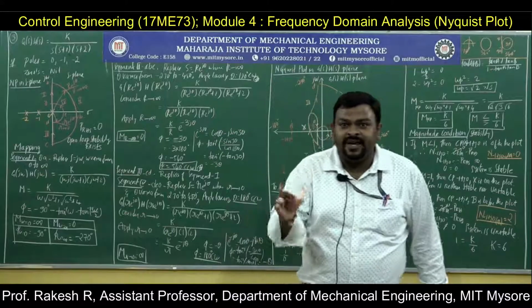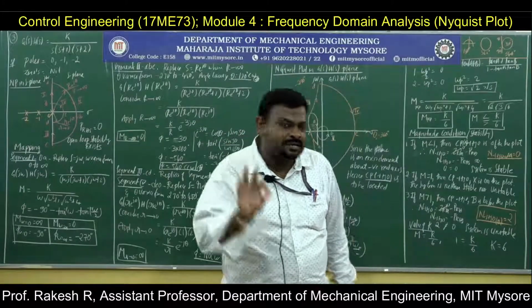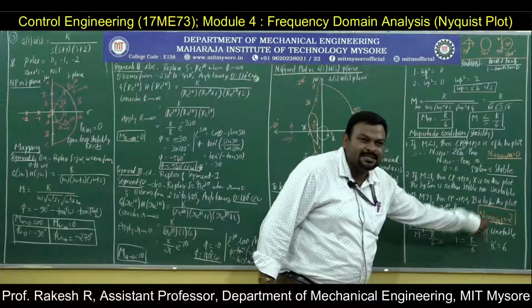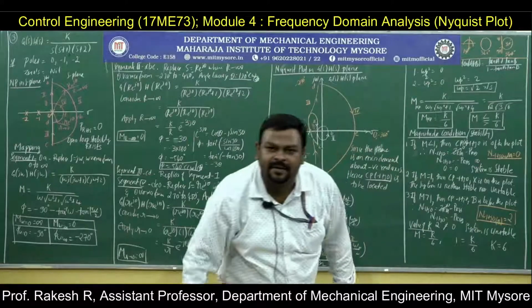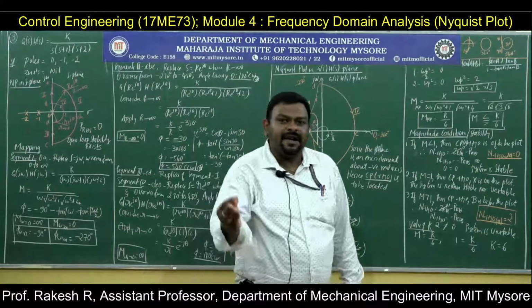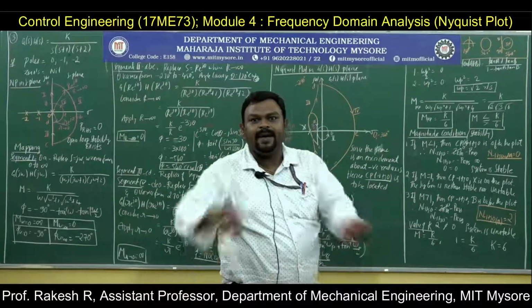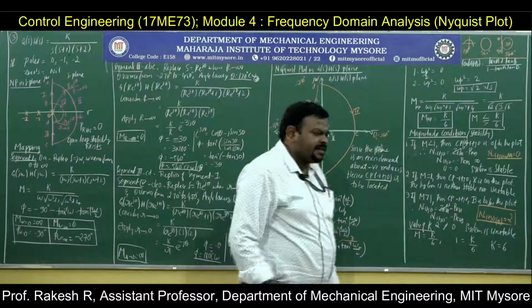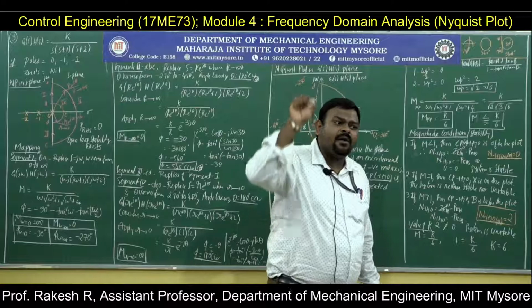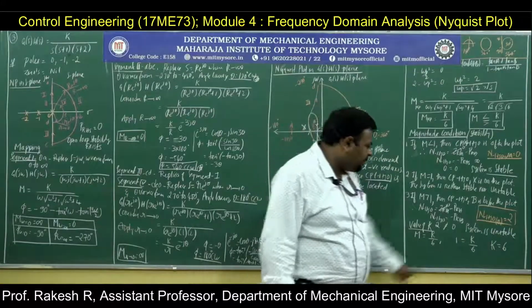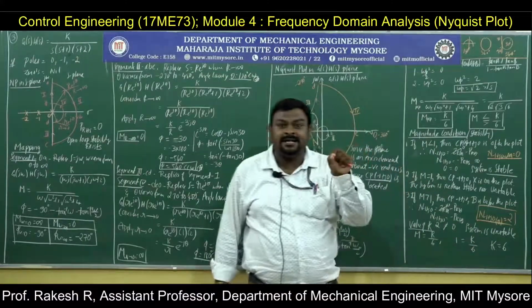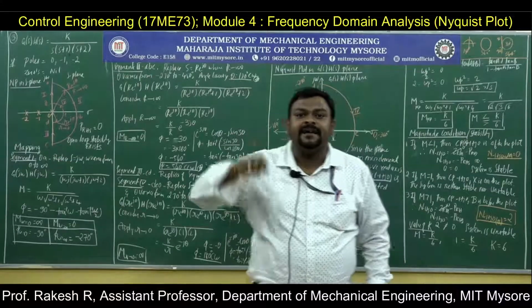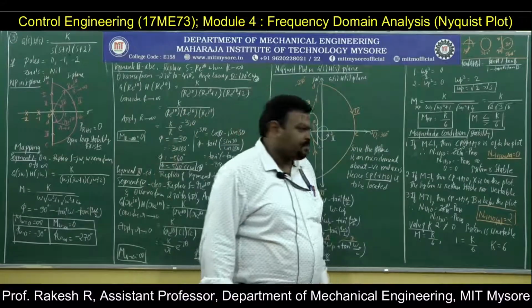If K is equal to 6, 6 by 6 becomes 1, magnitude will become 1. If the value of K is 7, magnitude will be more. So the extreme value of K for a stable system can be 6. At 6, it will be neither stable nor unstable.